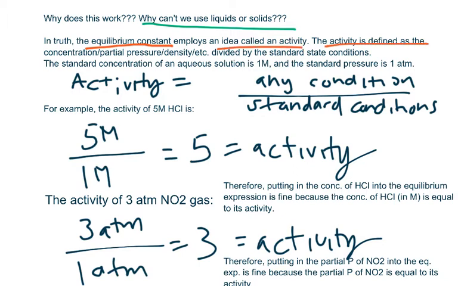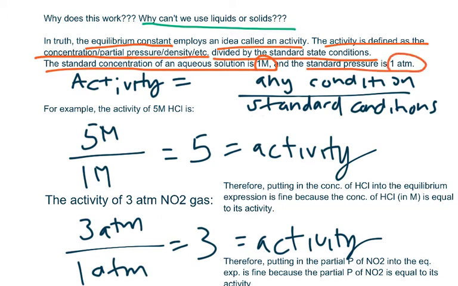The activity is defined as the concentration or partial pressure or density or anything divided by the standard state conditions of that substance. So, the standard concentration of an aqueous solution is always 1 molar, and the standard pressure is always 1 atmosphere.